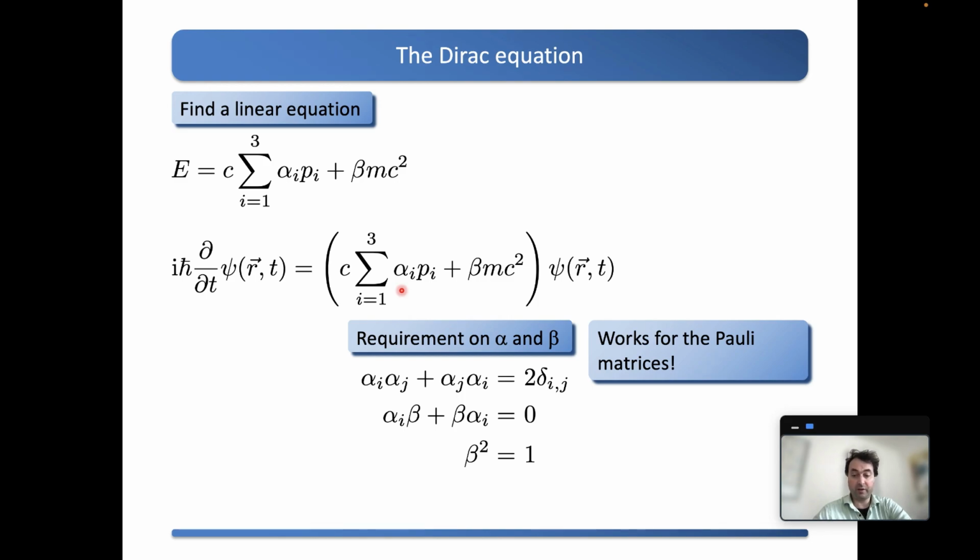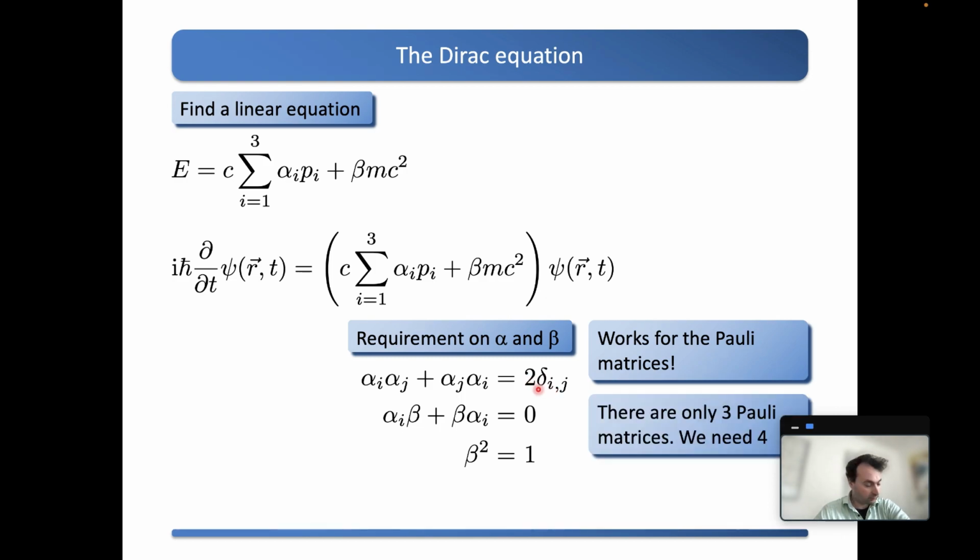So we have the 3 Pauli matrices, and then the 4th matrix is the identity matrix. But the identity matrix does not fulfill these equations, because the identity matrix times the Pauli matrix is the Pauli matrix itself. So it does not give you 0 or a delta function. So we only have 3 matrices, and we need 4: 3 for the momentum, 1 for the component in front of mc squared, the rest mass.